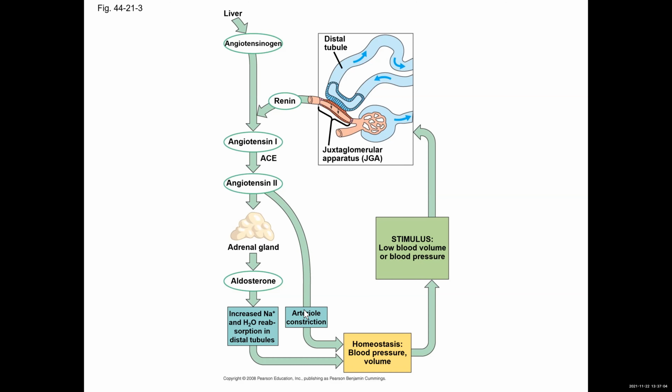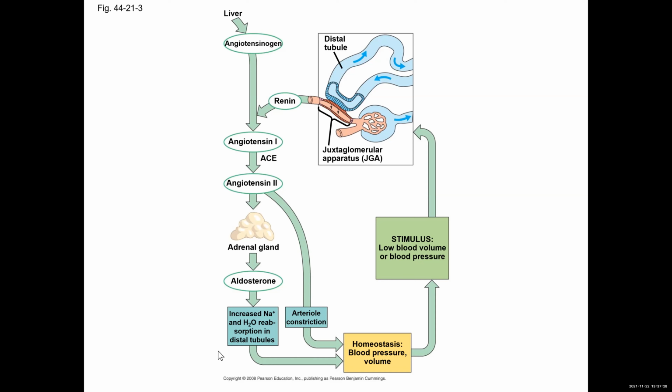Angiotensin is not only going to cause arterial constriction, but it's going to go to the adrenal gland and trigger the adrenal gland to release aldosterone. Aldosterone is going to act on the distal tubule in the nephron to increase both water reabsorption and salt reabsorption.